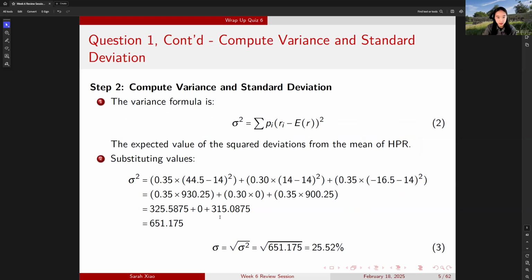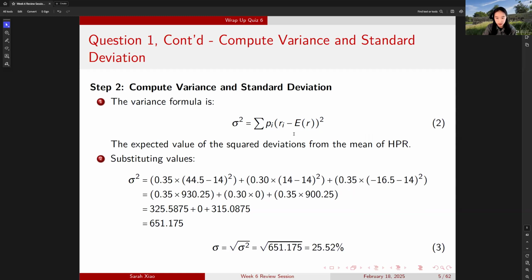Next, we compute the variance or the standard deviation of HPR. So firstly, recall the variance formula is the expected value of the squared deviation from the mean of HPR. So we first find the probability in each state of the market, 0.35, 0.3, and 0.35 here.